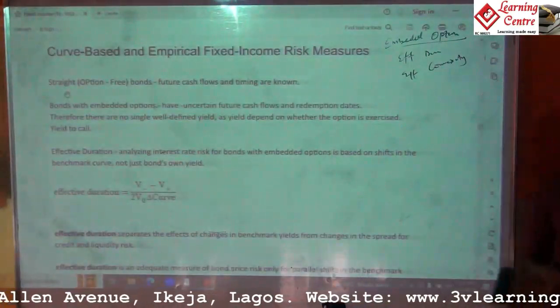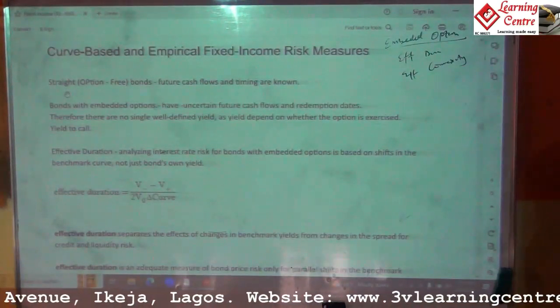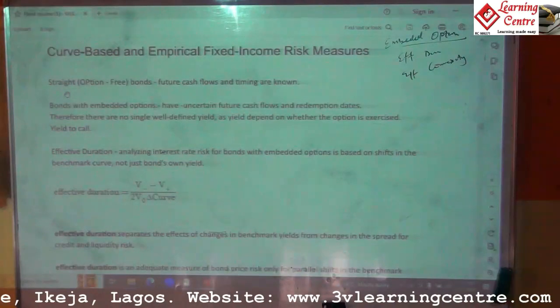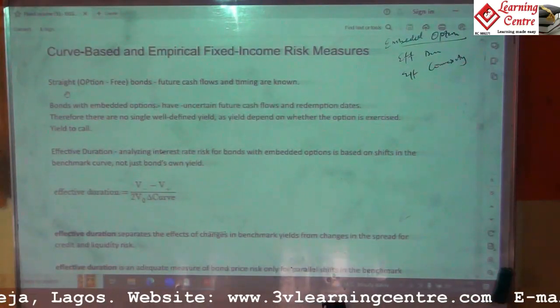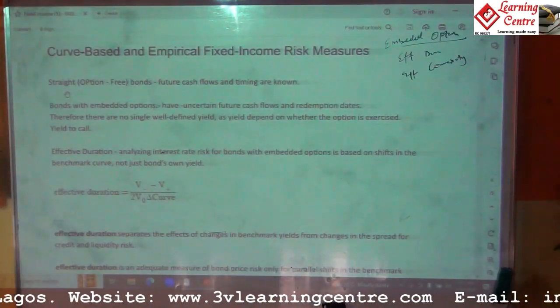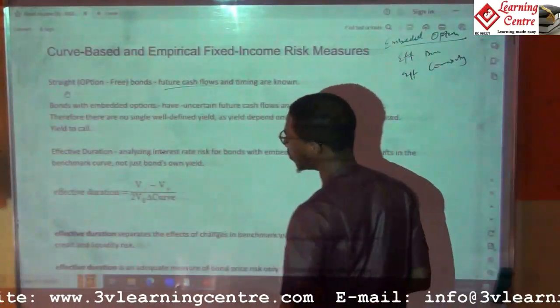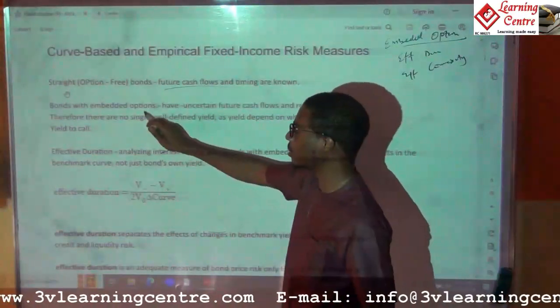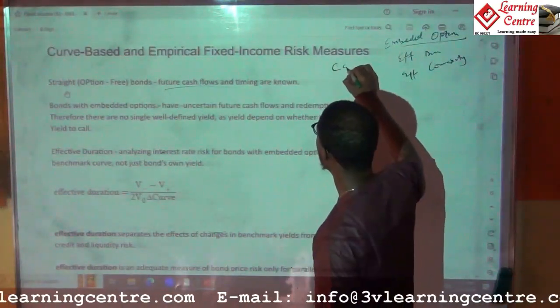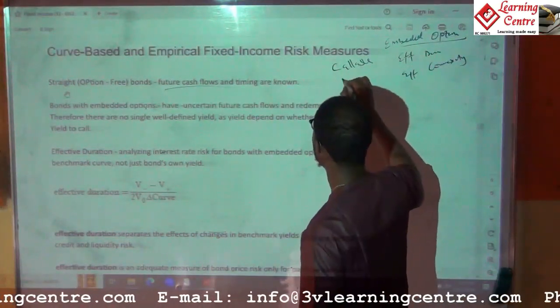All I've been doing all the while is treating the bond as a straight bond, where the cash flows are known and the timing of those cash flows is known. But when we have bonds with embedded options, remember I want to talk about the callable bond and the putable bond.